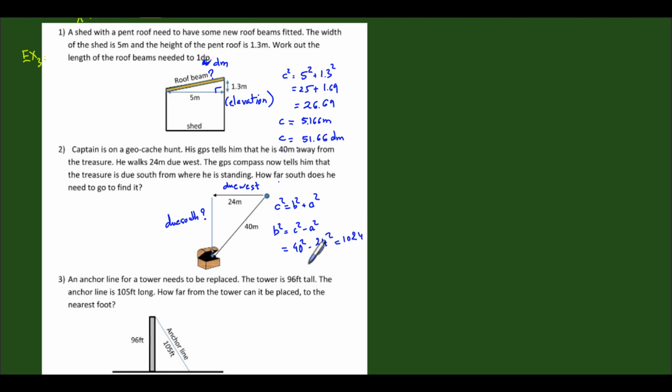Then you take the square root, and it gives you 32. So 32 meters. Don't forget the unit. So in this problem we tried to find a leg. We did not find the hypotenuse. The previous one asked you to find the hypotenuse.